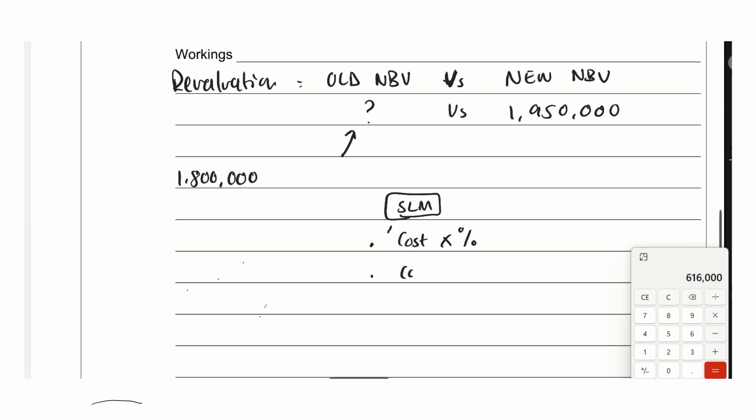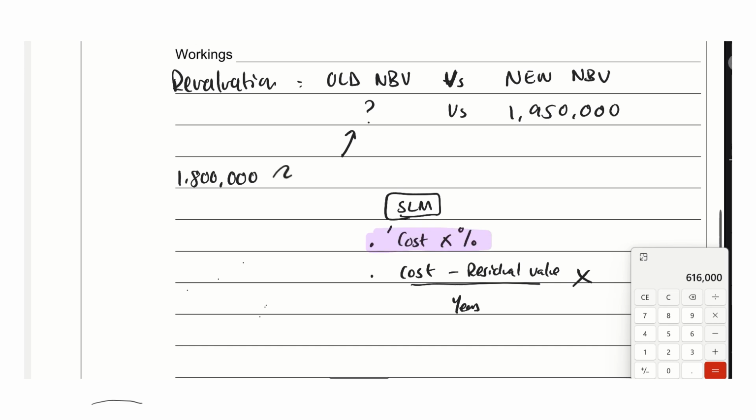Formula number two is your cost, take away any residual value, divided by the number of years. Now, in this question, we don't have any information about residual values. We do have information about the year. So really, we don't want to be messing around too much with that formula. So we're going to be using this formula here.